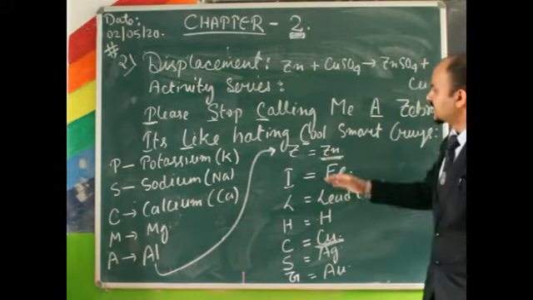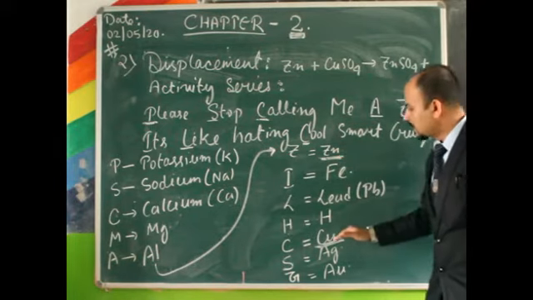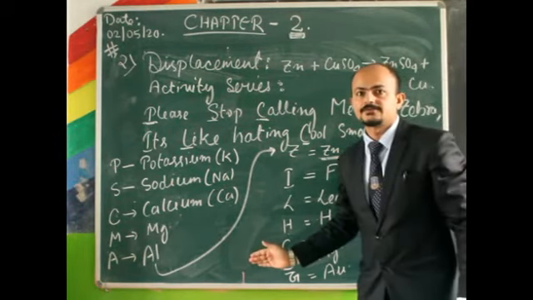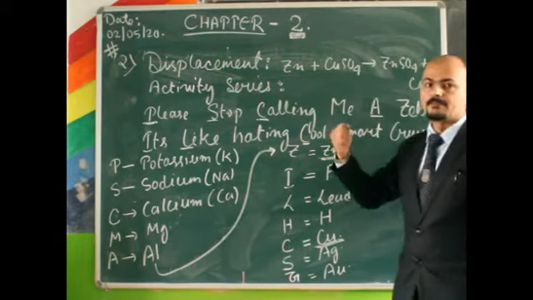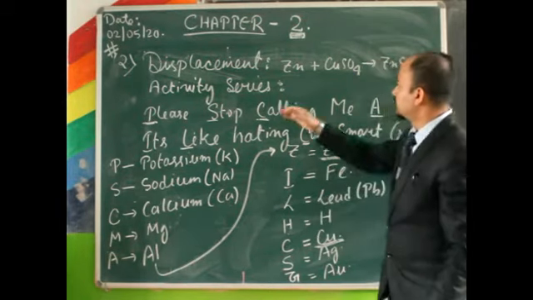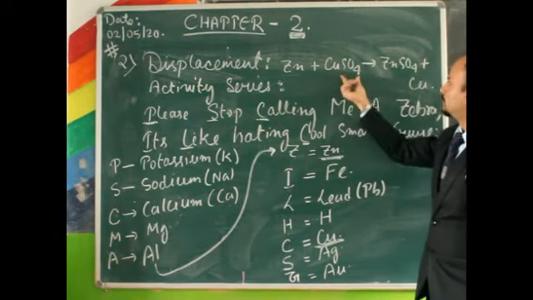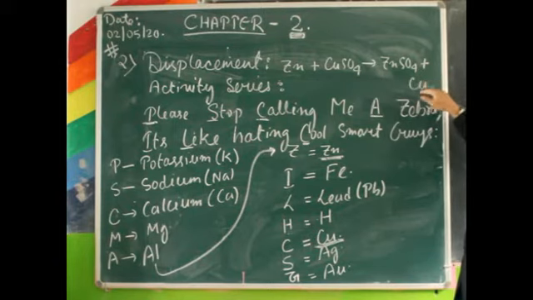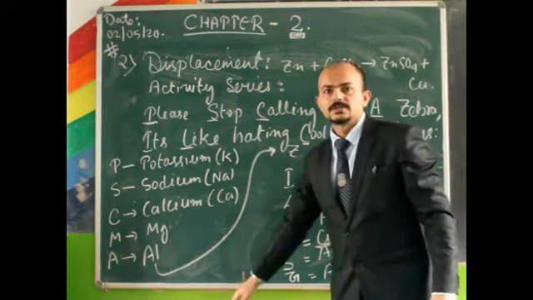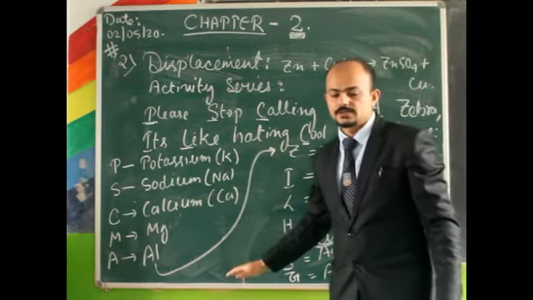That means zinc is placed above copper in the series. Therefore, this is more active, means it is stronger. Therefore, it displaces this copper from copper sulfate, and finally we have zinc sulfate plus copper. So hope this way of remembering will help you out.